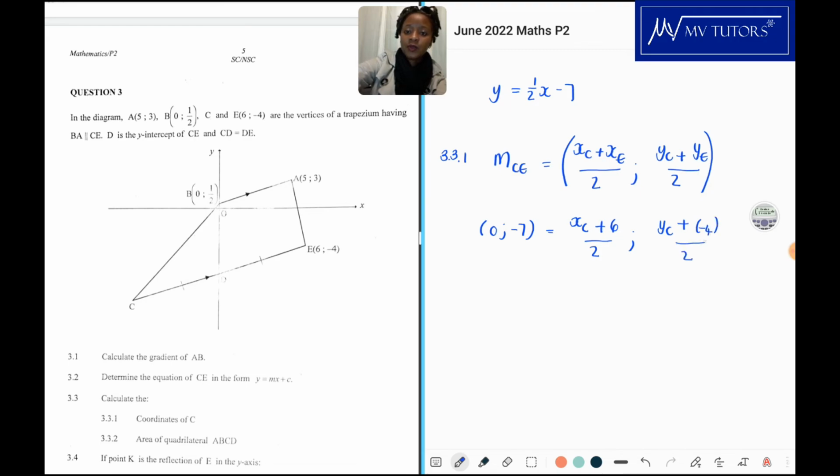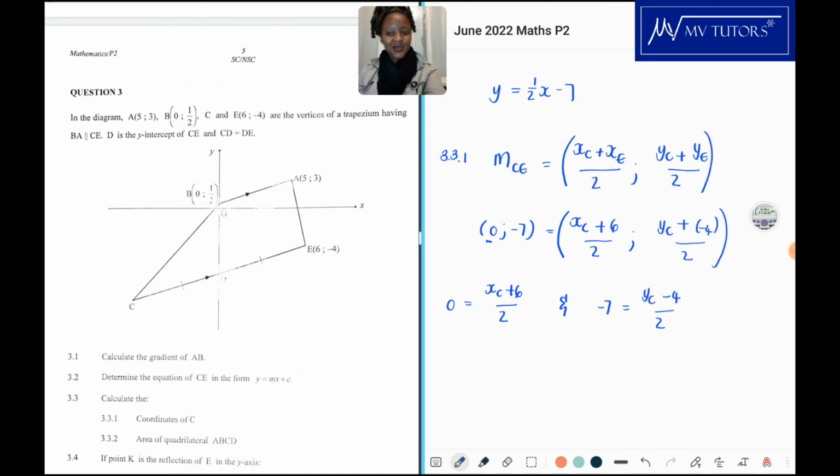Okay, that's all over 2. So what we do in this case, we will then equate the x's together and the y's together. So basically 0 from here would be equal to xc plus 6 all over 2, and then we'd have negative 7 being equal to yc minus 4 over 2.